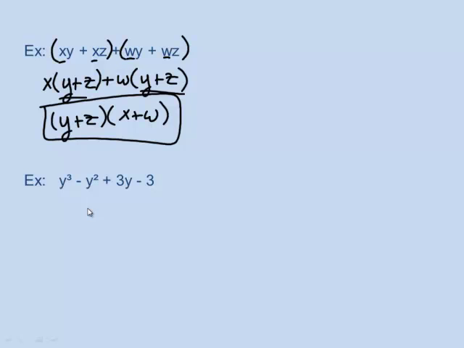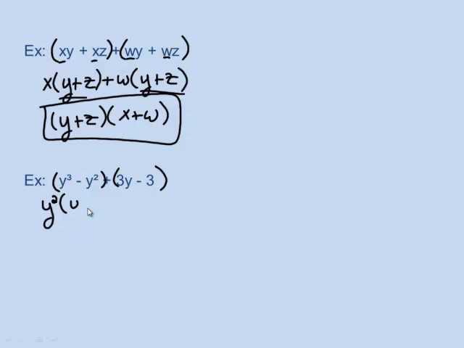Okay, second problem. y cubed minus y squared plus 3y minus 3. Is there a greatest common factor you could pull out? In this case, the answer is no. So we're going to group in pairs and pull out any greatest common factor. Out of this first group, we can take not 1 but 2 y's out, or y squared, because there are 2 y's common to both.